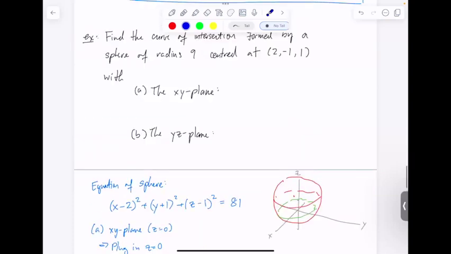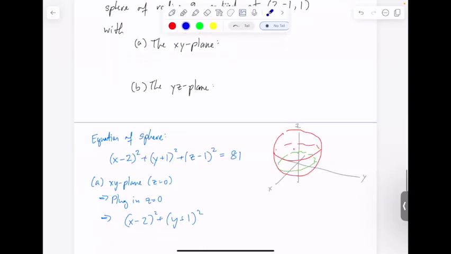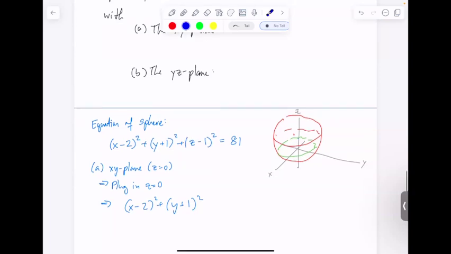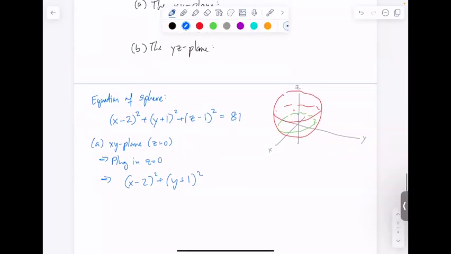Now, when I'm saying the curve of intersection, it means not only do you need to satisfy this equation, but you also need to satisfy the equation for the xy plane, which is z equals 0. So z equals 0 gives minus 1 squared, so this is plus 1, equals 81. This means that your curve here is (x minus 2) squared plus (y plus 1) squared equal to 80. Any questions on how I got this?